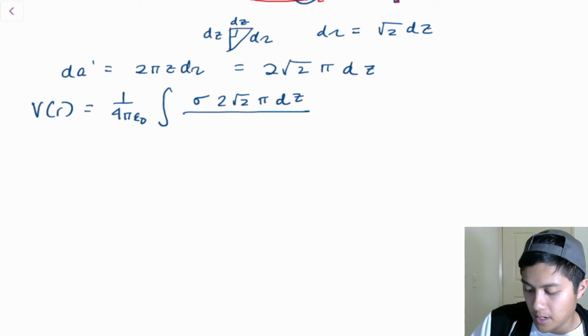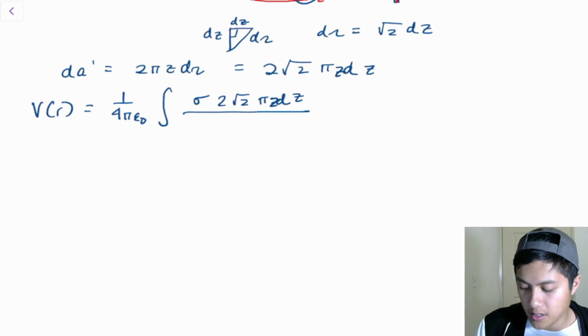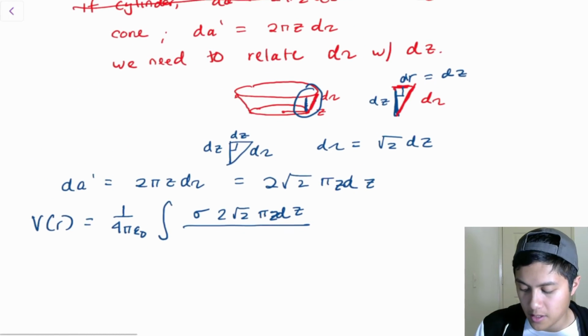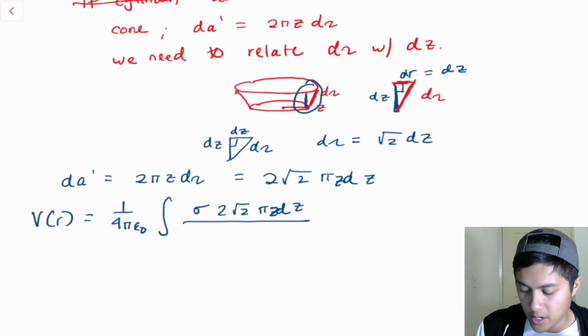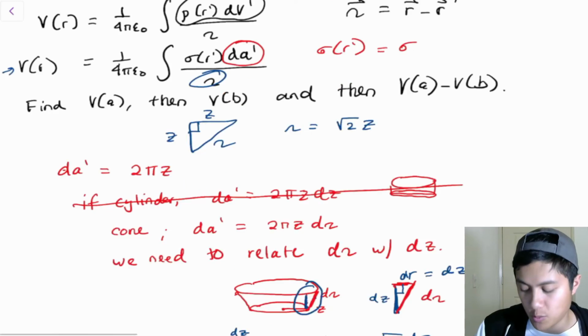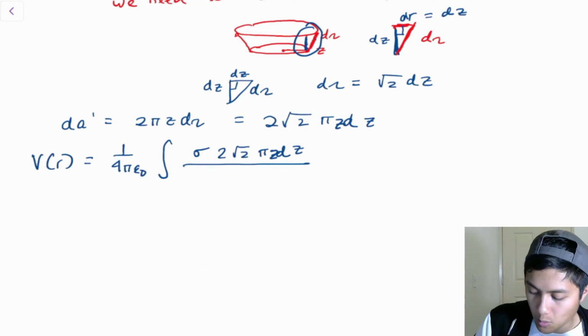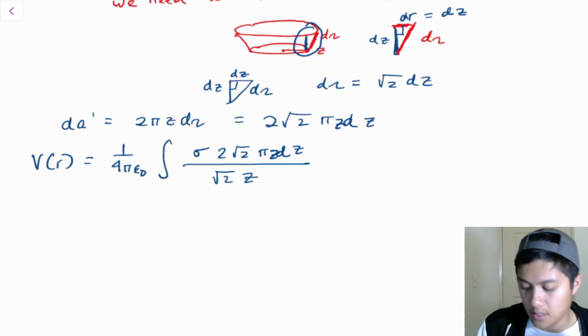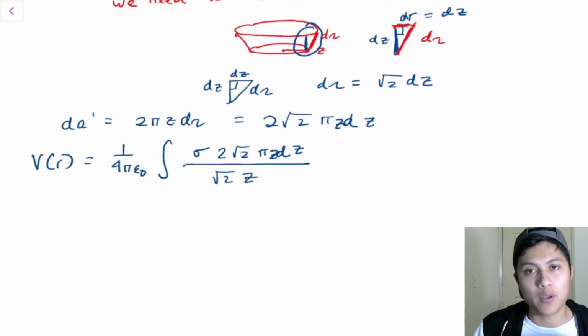There's a 2 pi z dz, right? So there's a z right there, there's a z right here. And we divide by the script r in the bottom. We found that script r is just root 2 z, so we have root 2 z in the denominator. And where are we integrating from?